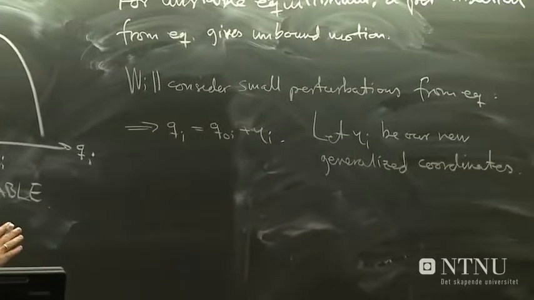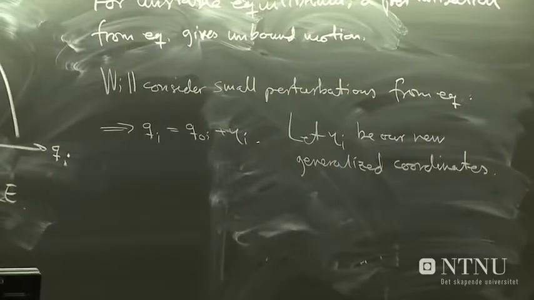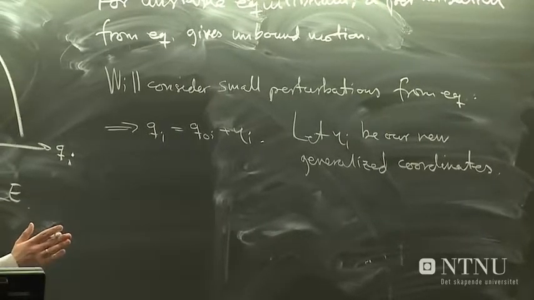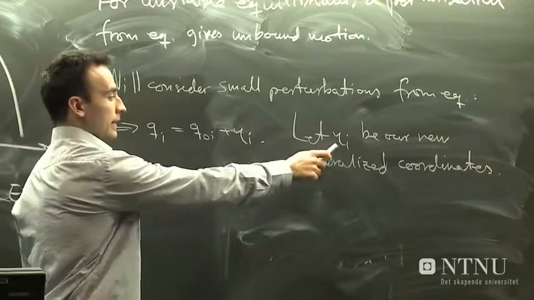To get an idea of how the system will behave as we perturb it, we'll perform a Taylor expansion of the potential energy in this parameter.